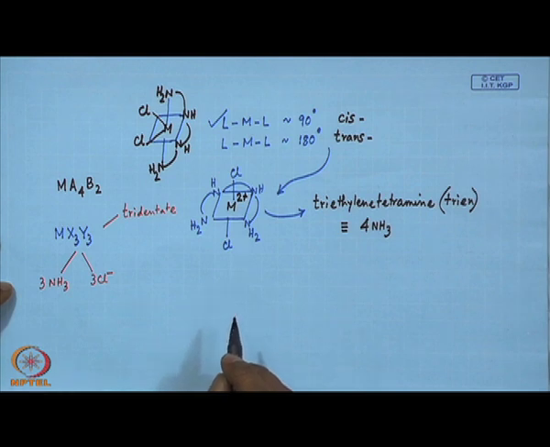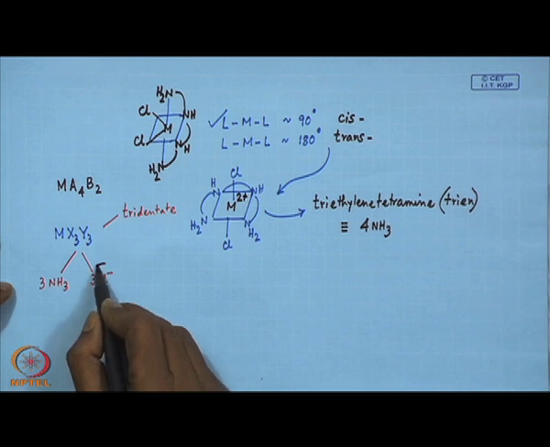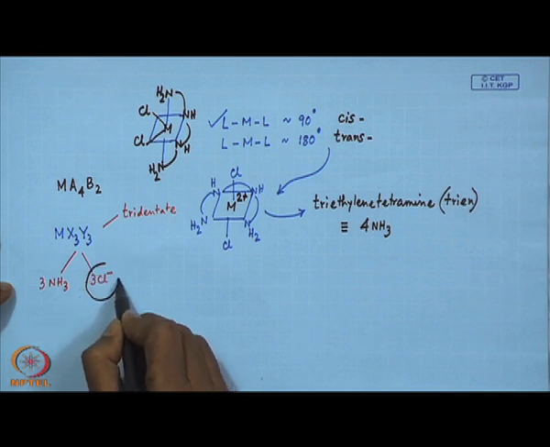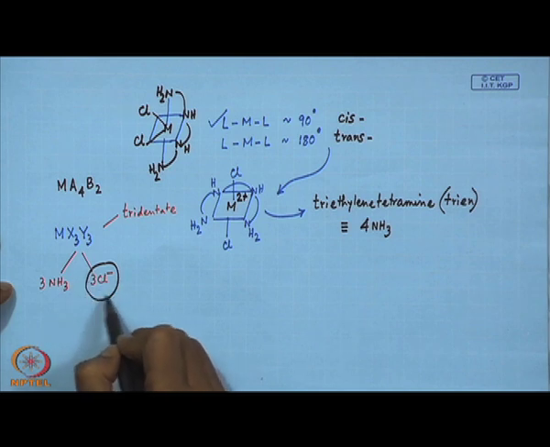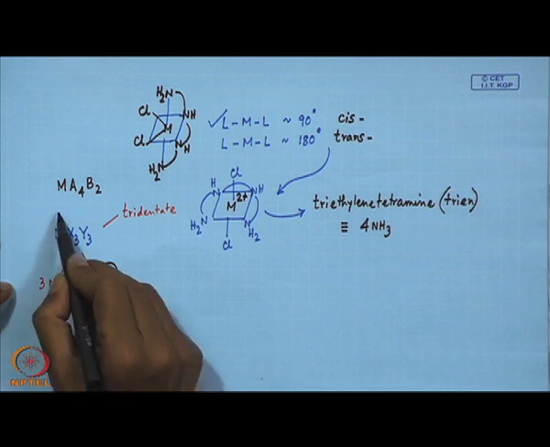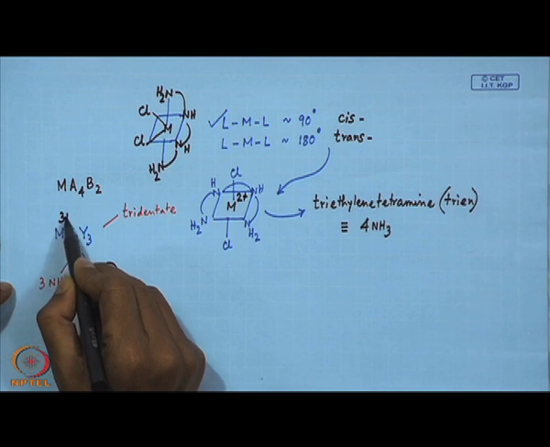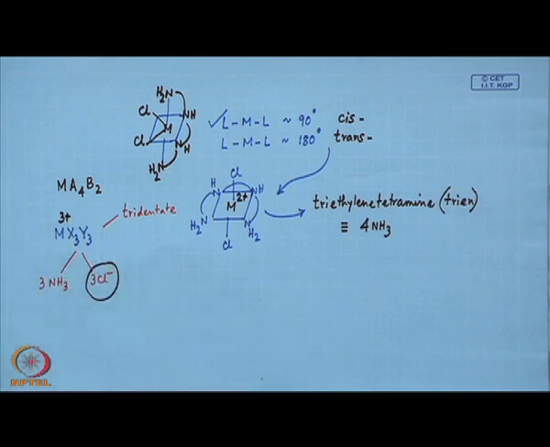That means it is a bivalent compound of the corresponding metal ion. But in this particular case, when 3 of one type and 3 of the other, we are balancing the corresponding charge by 3 chloride groups. So, the compound in this particular case is in the 3 plus oxidation state, that means the trivalent oxidation state.